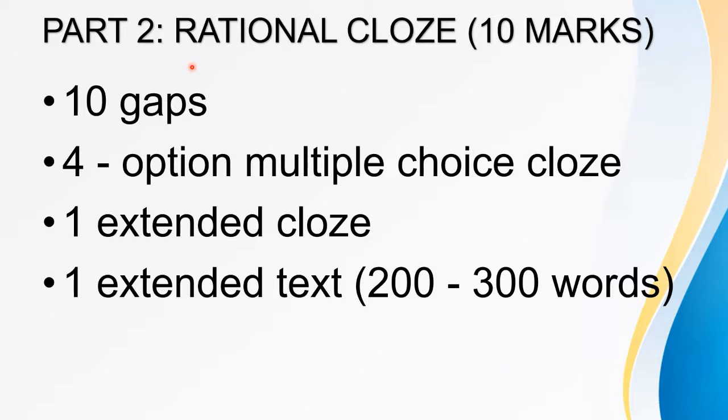Part 2 is the rational cloze. The total mark for this section would be 10 marks, whereby you have to answer 10 questions. For each question there are 4 options multiple choice, with 1 extended text of 200 to 300 words.